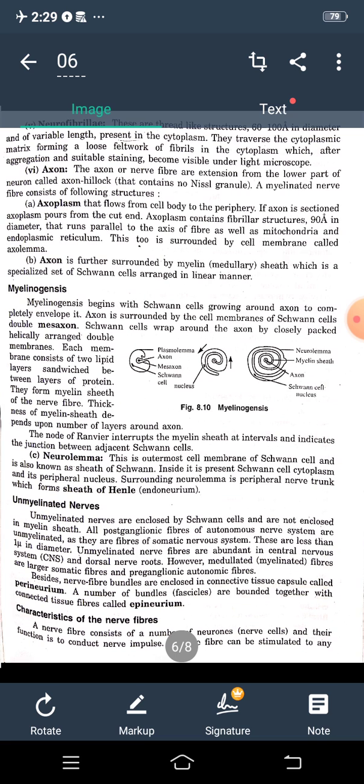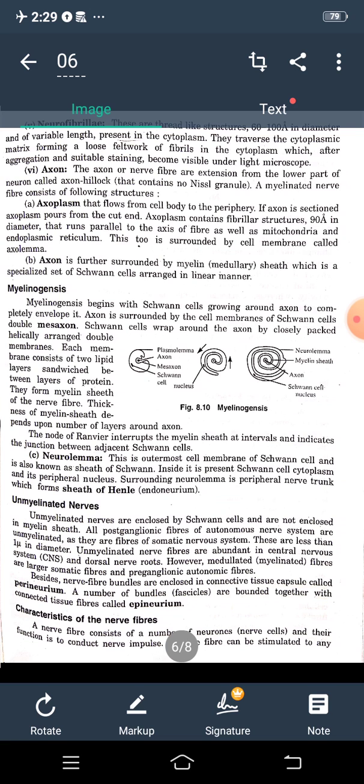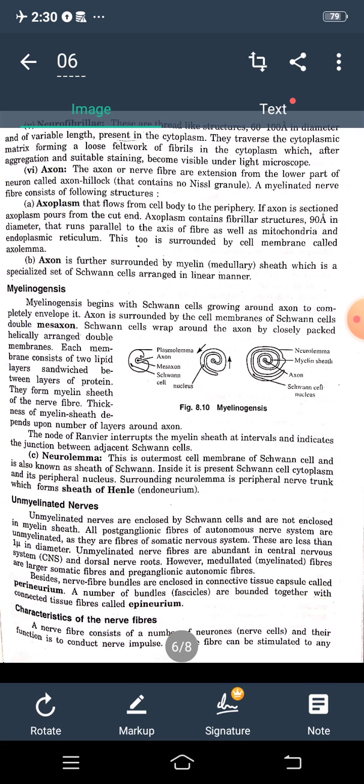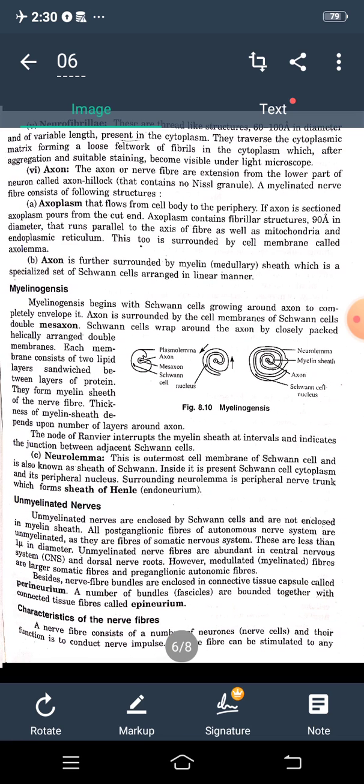Then neurilemma. This is the outermost cell membrane of Schwann cells and is known as the sheath of Schwann. Inside it is present Schwann cell cytoplasm and its peripheral nucleus. Surrounding it is the peripheral neural tissue, which forms the sheath of Henle, the endoneurium.